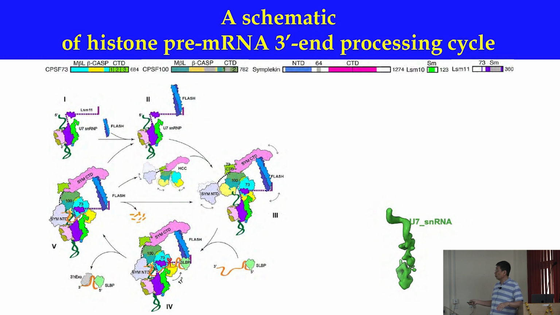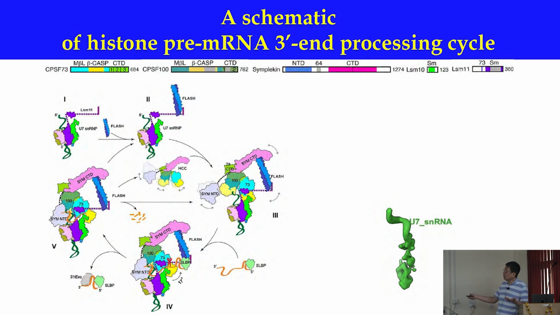So putting everything together, another movie. The U7 snRNP ring is formed, and then Lsm11 reaches out and recruits the FLASH dimer, and then the FLASH dimer reaches out and recruits HCC. So now you have the U7 snRNP. Now mRNA comes in and forms the duplex right here, the HDE-U7 duplex, but the machine is still not active.